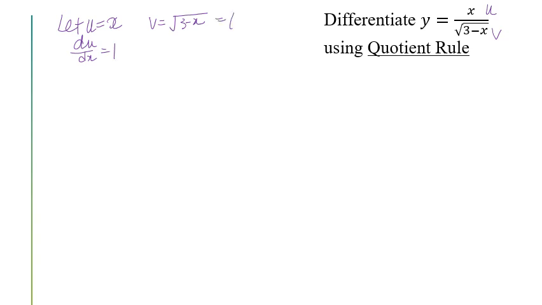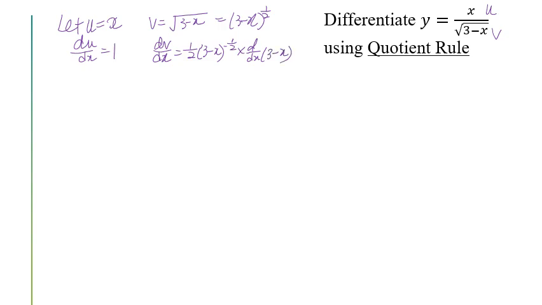Change this to your index form. So that will be dv over dx. Bring the power down. Power minus 1, that is negative half, times differentiate whatever is inside the bracket. Please don't skip this step, okay? This step is important, otherwise you will forget to differentiate whatever is inside the bracket.